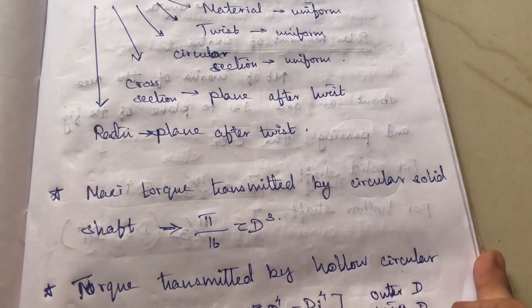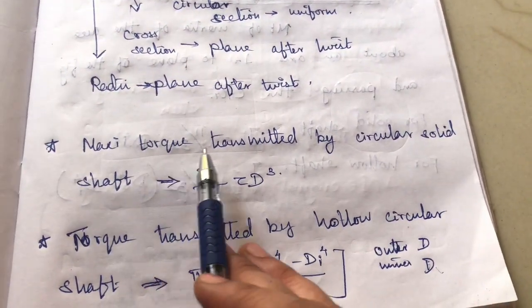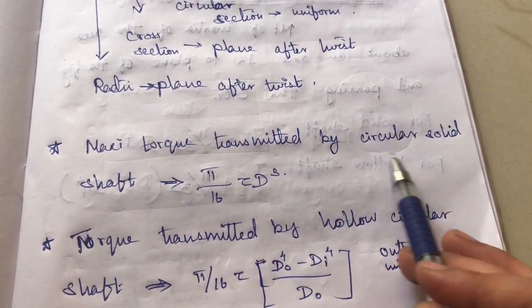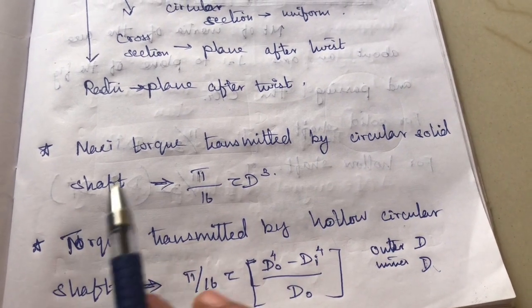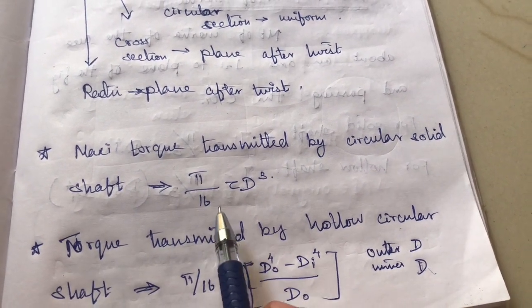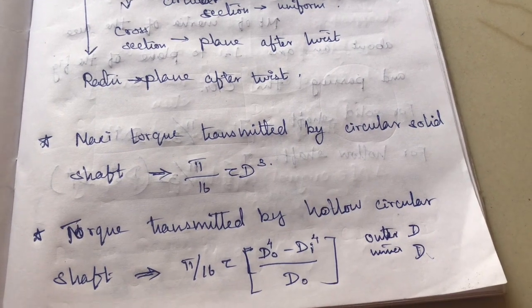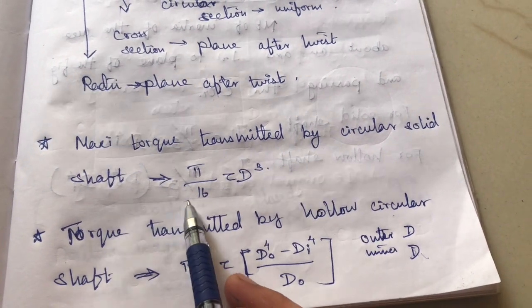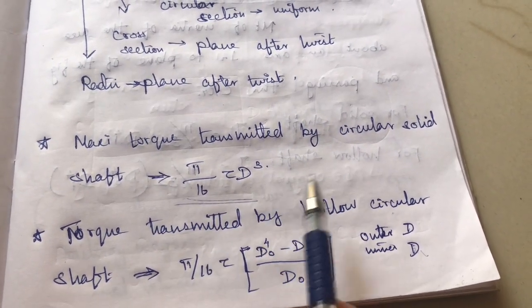The next thing is the maximum torque transmitted by a circular solid shaft, which is equal to pi by 16 tau d cube. Yes, this is the formula. I am just writing those formulas here.